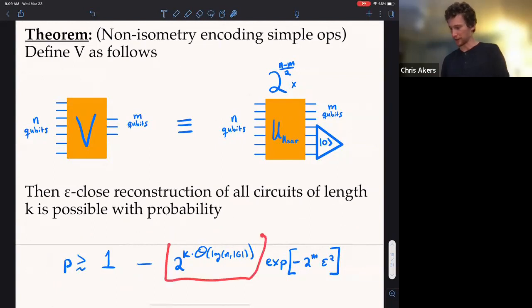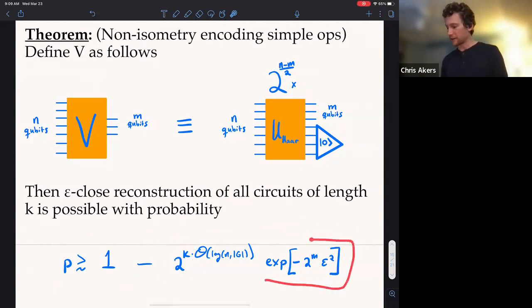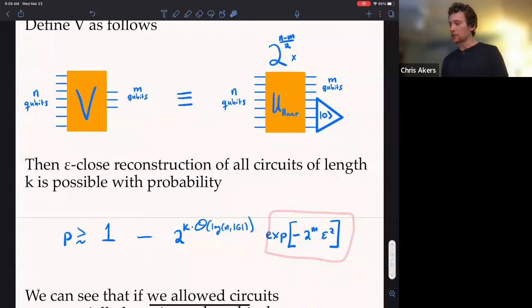It just has 2 factors. This first one and the second one. And this first one is familiar from the lemma before. What's important is it's just exponential in k. And then the second factor is something that's doubly exponentially small in m.